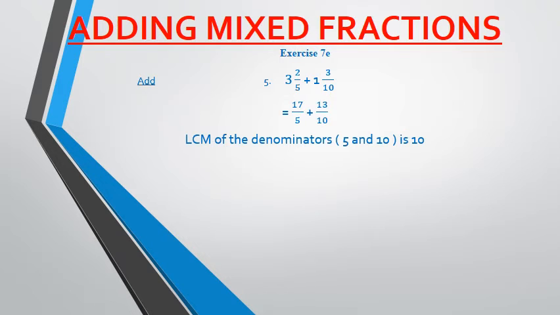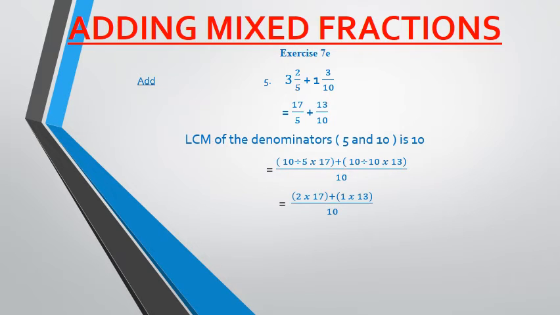Now the sum of these two fractions is equal to 10 divided by 5 multiplied by 17 plus 10 divided by 10 multiplied by 13 upon 10. And when we solve this, what do we get?